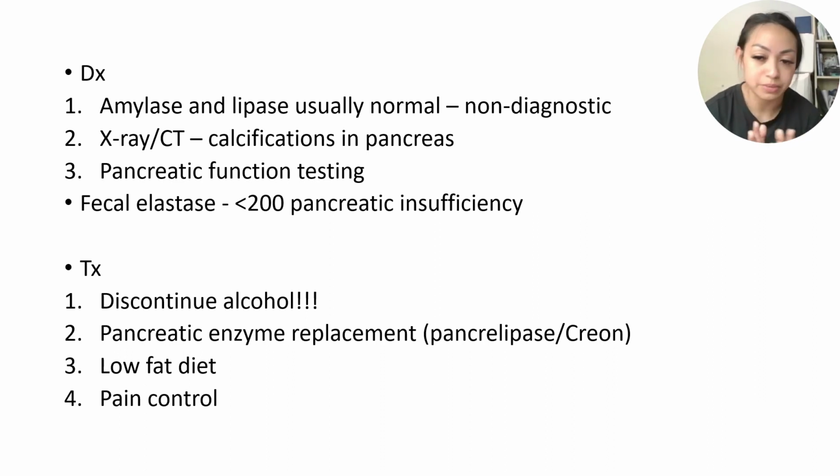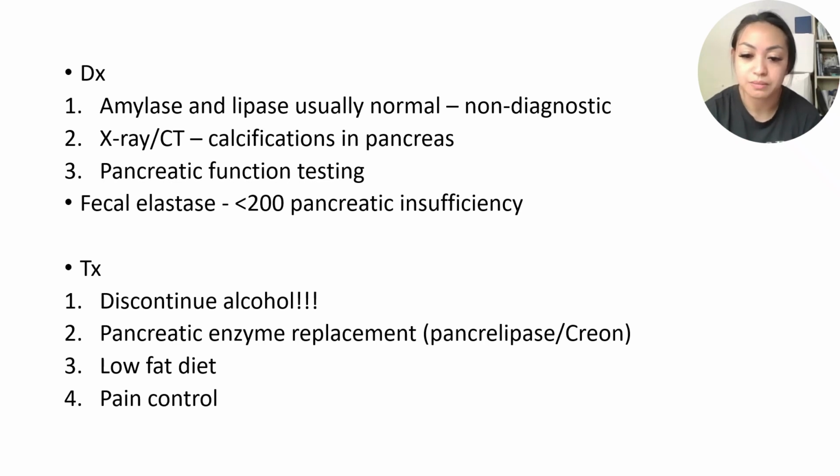And treatment for chronic pancreatitis is quite easy. The main one, obviously, because the main cause of chronic pancreatitis is alcohol, so we advise the patient to stop drinking alcohol. Second is addressing their exocrine and endocrine abnormalities. So addressing their exocrine functions first, we can give them pancreatic enzymes, replacing the pancreatic enzymes.